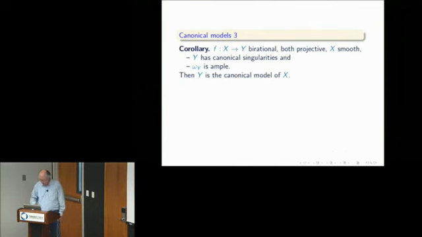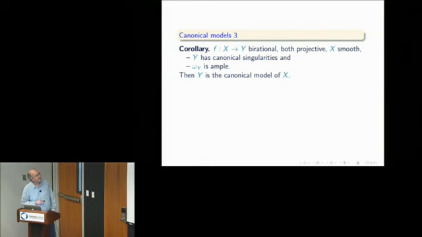And so now maybe you are not surprised that the canonical models have canonical singularities. They were named at the same time by Miles Reid. And so the canonical model is a variety that has canonical singularities, and omega y is ample.